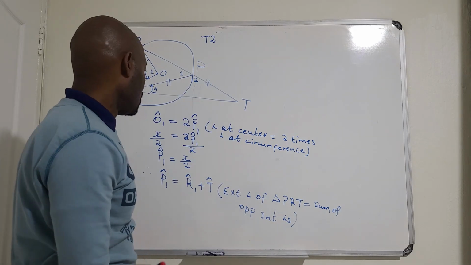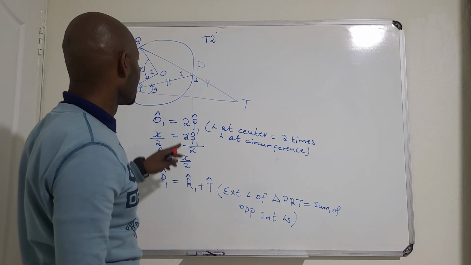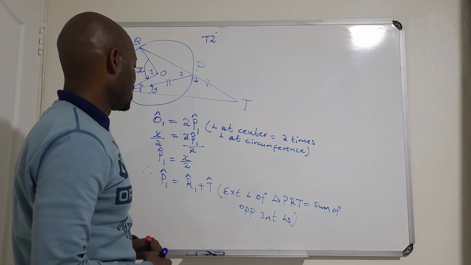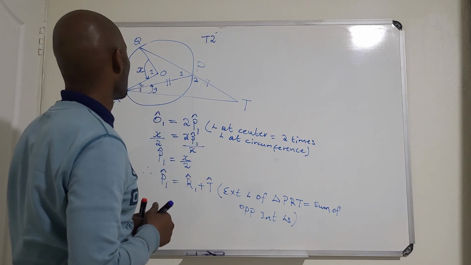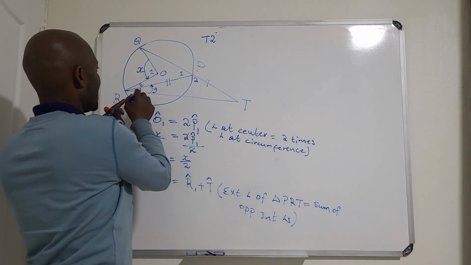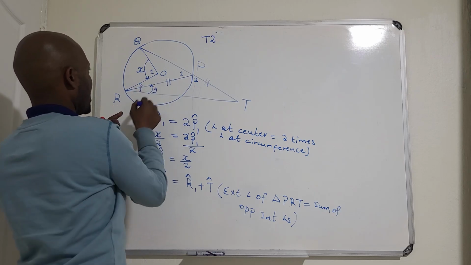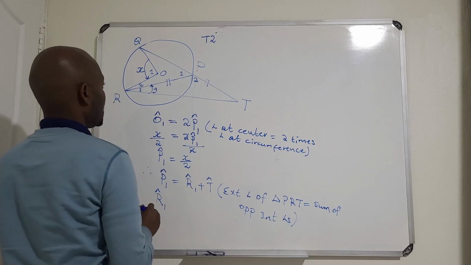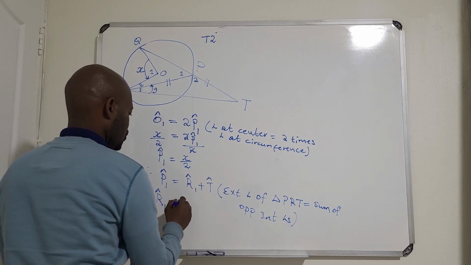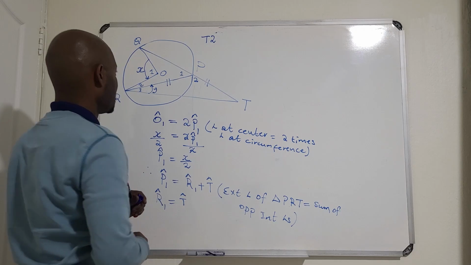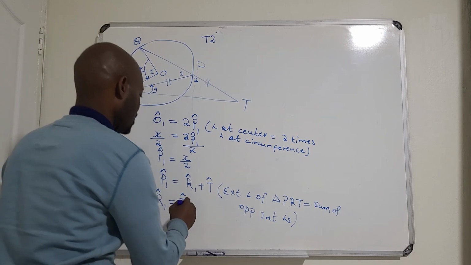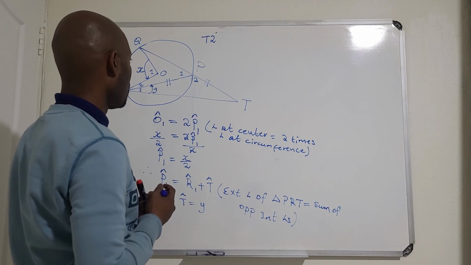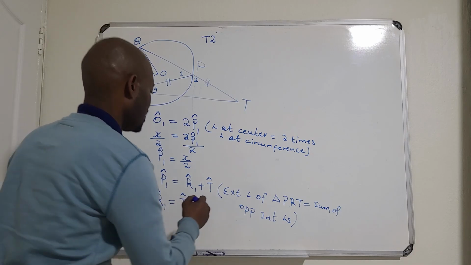Now, we know that this is equal to this plus that. We also know that this angle R1 is equal to angle T, which is equal to y. Why is that?